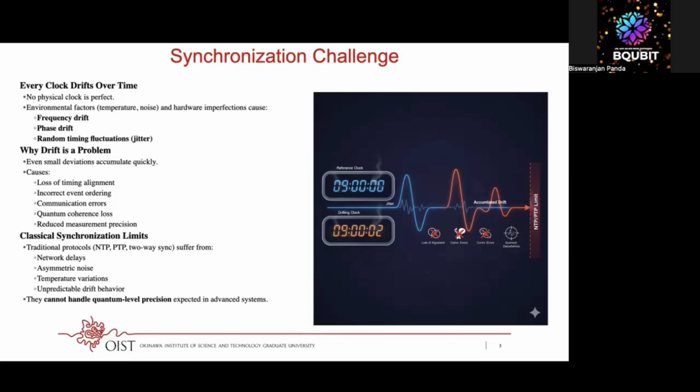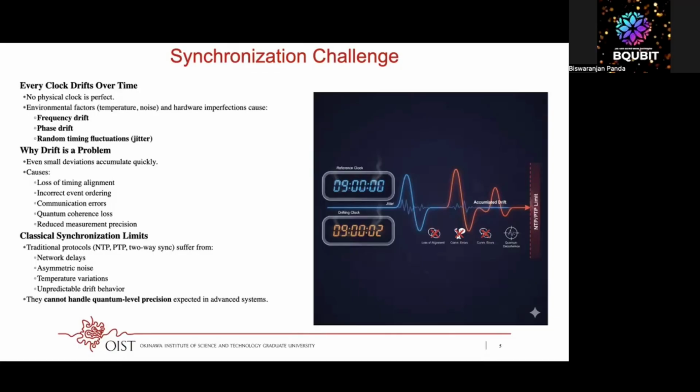Then reduced measurement precision, which, as I said before, depends on the clock. In QKD, those kinds of protocols, you will lose your data. I mean, you will lose your precision of measurement.